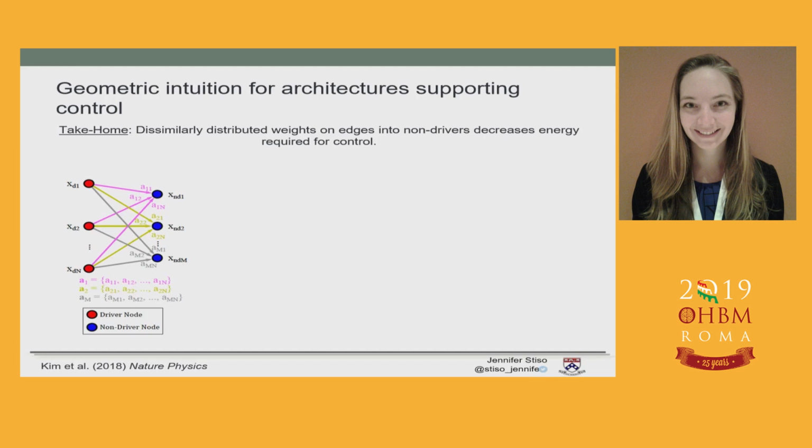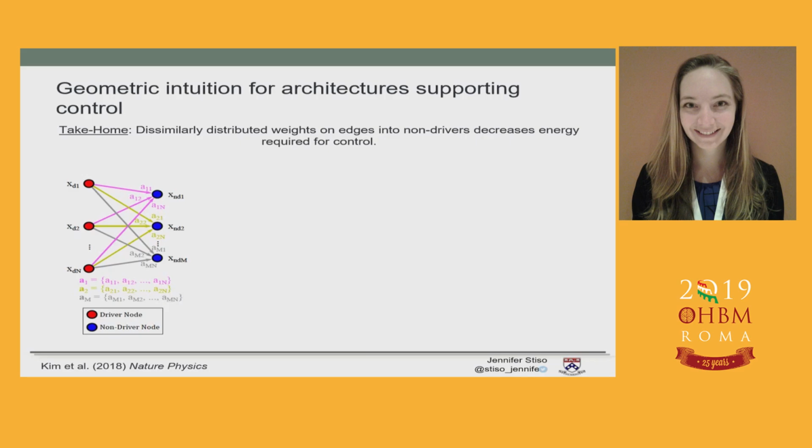And what we mean by dissimilarly distributed is basically the vectors that make up the edge weights onto each non-driver node. So if you look in this toy example, this first blue node has a bunch of pink vectors coming into it, so you would have one pink vector of inputs onto that blue node. You also have a yellow vector and a gray vector, and you want those vectors to be different if you want easy control. I'm going to walk you through an example of it because it's a bit hard to grasp like this.